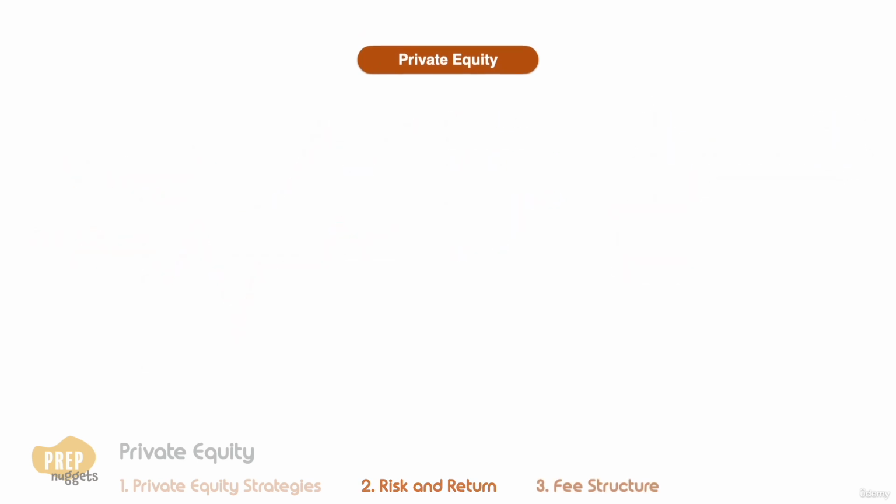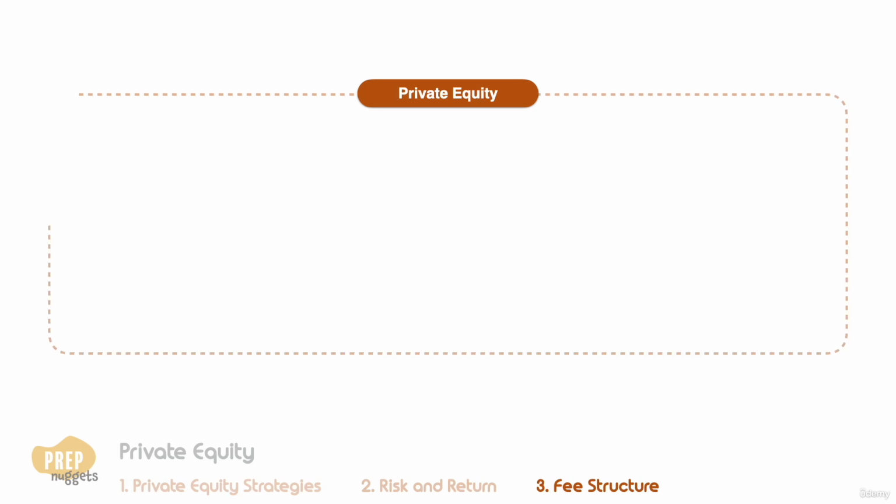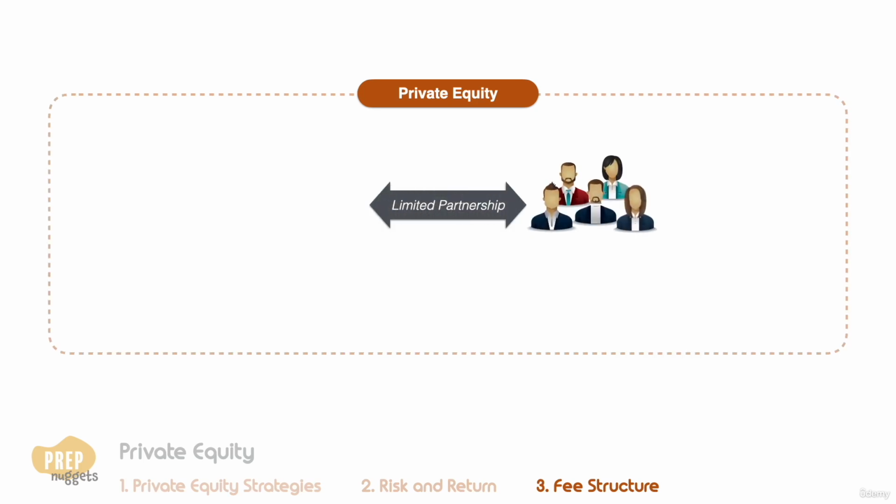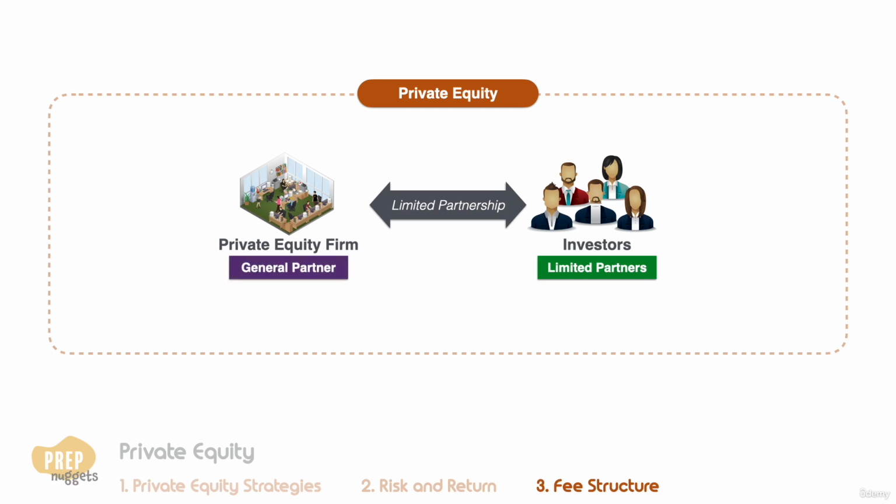Like hedge funds, private equity funds are typically structured as limited partnerships where outside investors are limited partners and the private equity firm, which may manage a number of funds, is the general partner. Most private equity firms charge both a management fee and an incentive fee. The management fees generally range from 1 to 3%, while the incentive fee is typically 20%.